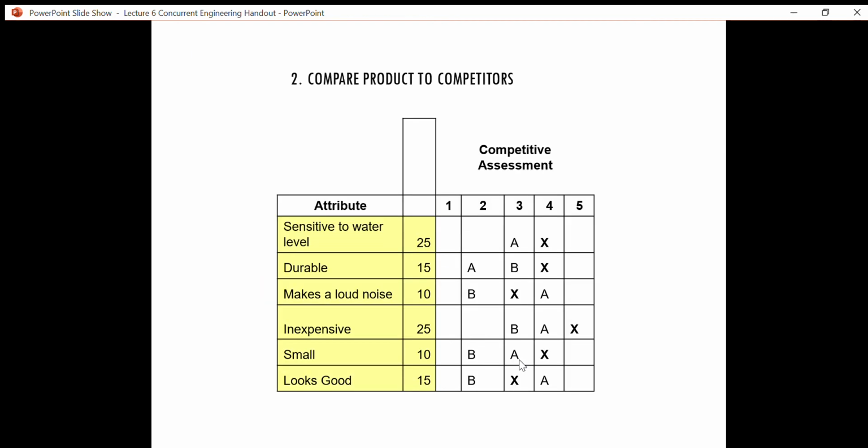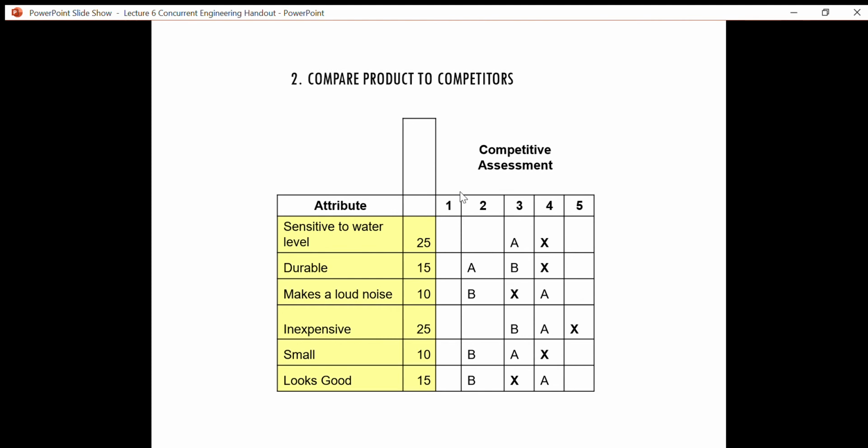Then we make a comparison between the products in the market, the competitors, and our target product. For example, the highest one, sensitive to the water, is 25. In the market we rate the level from 1 to 5, and we can also use percentage.